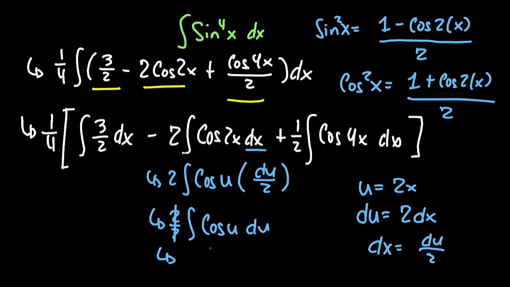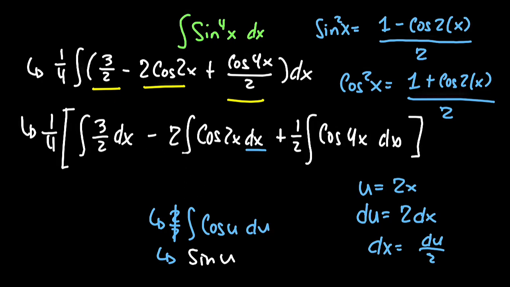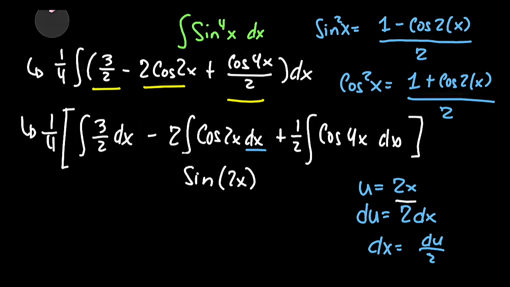And the integral of cosine of u du, as we had said earlier, would be equal to sine of u plus c, but we would not put it yet because remember we have the last part, so it is not yet necessary. And in order to get its final answer, put u back into its original form, which is 2x. So this would be sine of 2x.